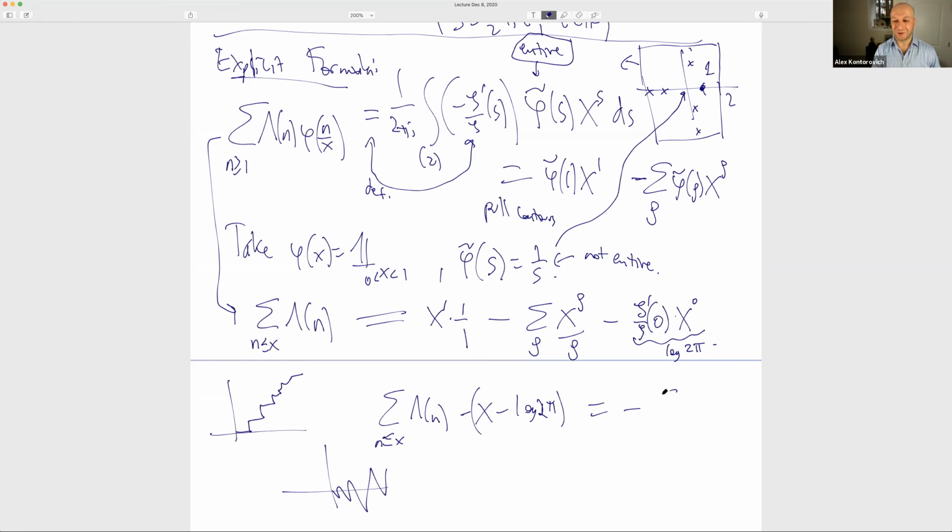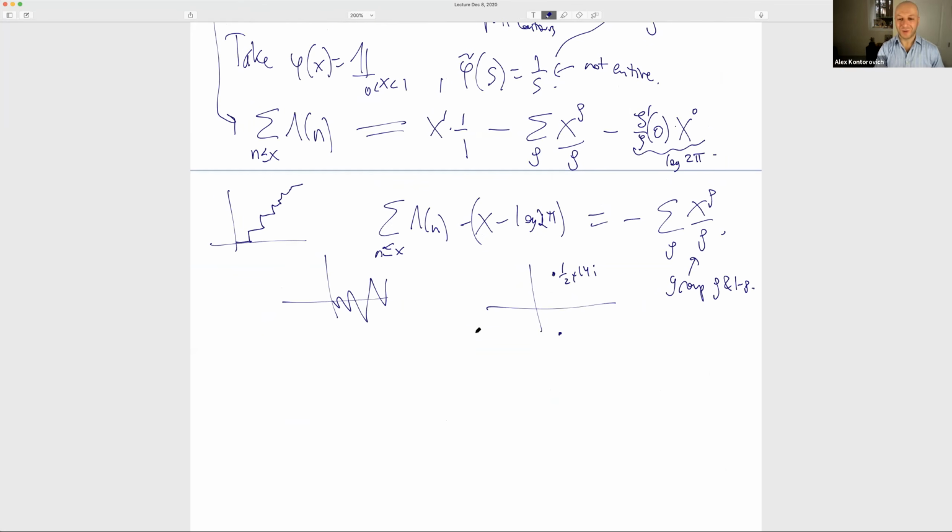And we compared that to negative the sum over the zeros of x to the rho over rho, grouped. So you group rho and 1 minus rho together. So all of these zeros at a half plus 14i and a half minus 14i, if you look at what the term is, we have a half, x to the half plus 14i over a half plus 14i, plus x to the half minus 14i over a half minus 14i.